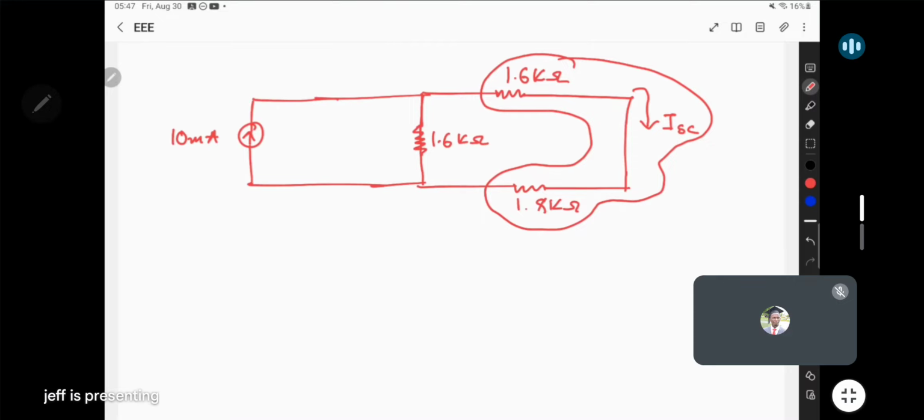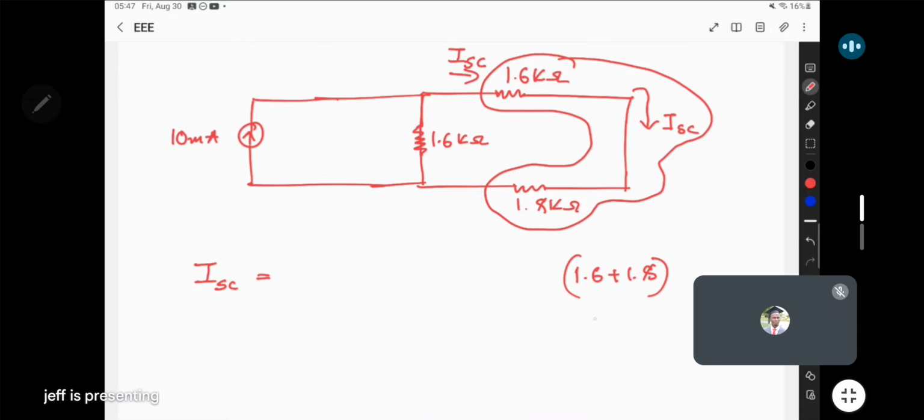So if I label this current as I, then that's I short circuit. I short circuit will now be equal to, since the 1.6 and the 1.8 are in series, we'll look at them as a sum like that.